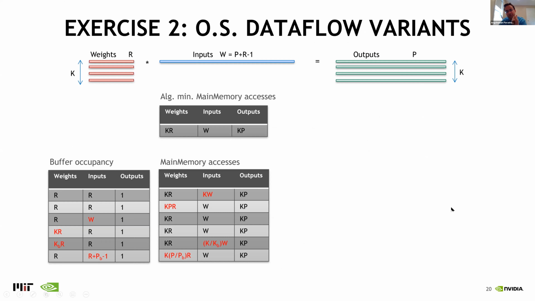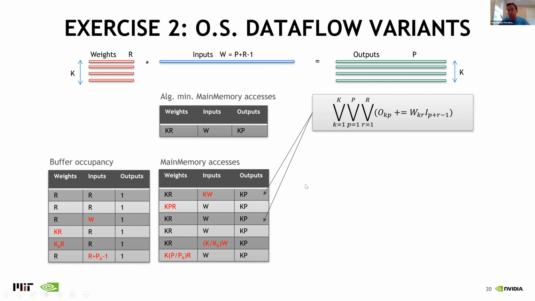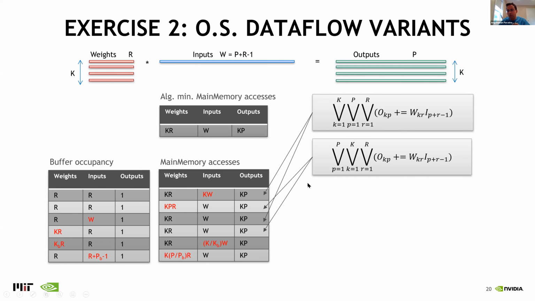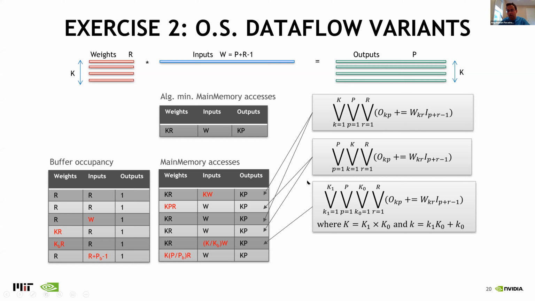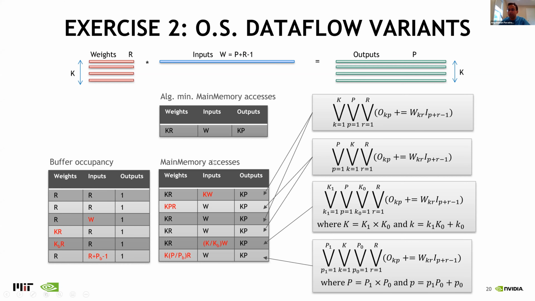And just to drive that point home even further, for the simple example with 1D convolution plus output channels and that 2-level architecture, we've got all of these variants of output stationary loop nests. In the interest of time, I'm not going to go through each and every variant. These slides will be posted on the website, and you can pause this video and look at them again.